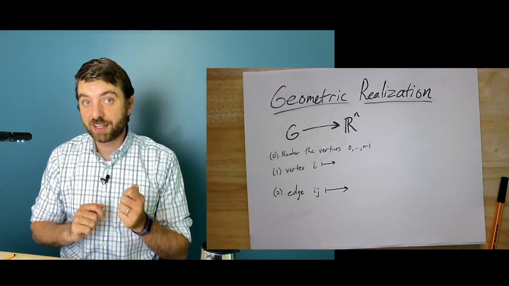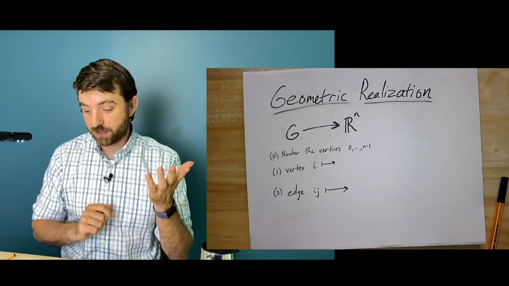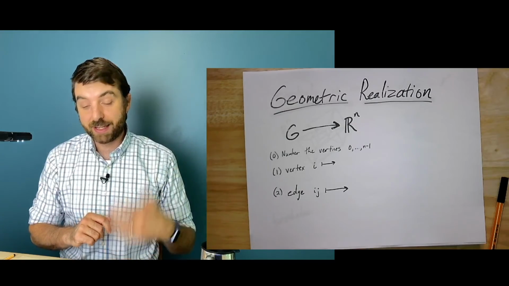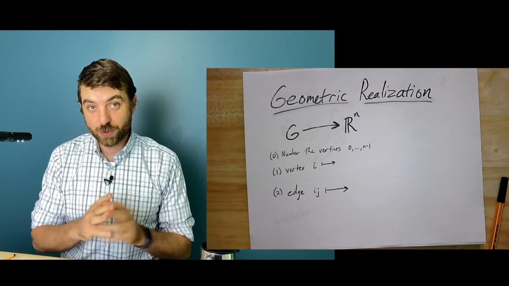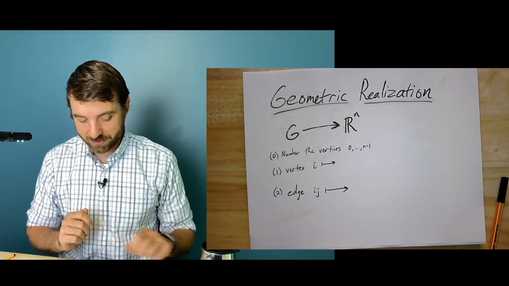So almost everything you do in that high-dimensional space is just analogous to something you might do in the plane or in 3D. So you can think about these high-dimensional spaces.